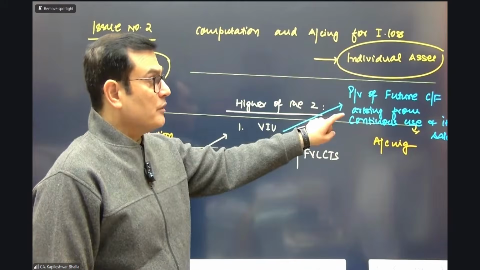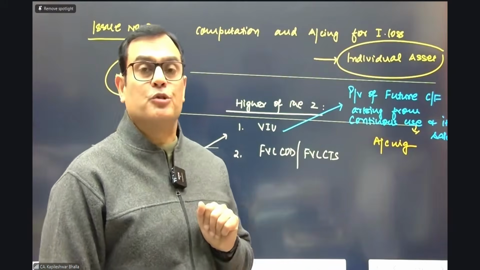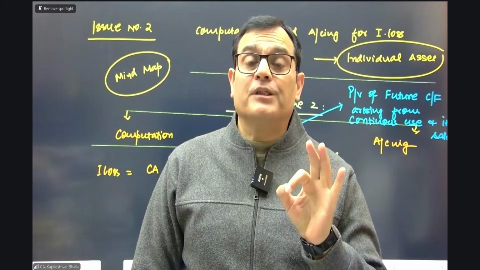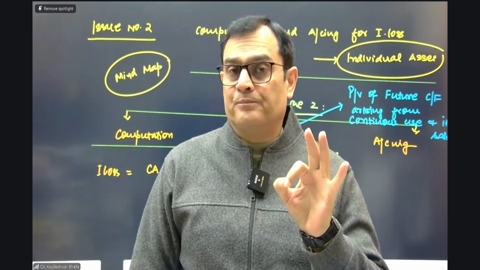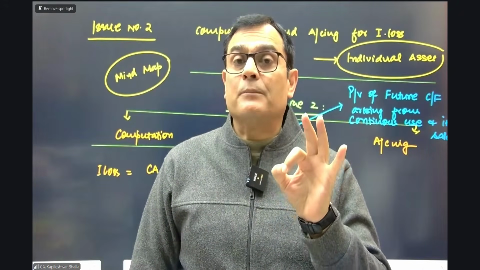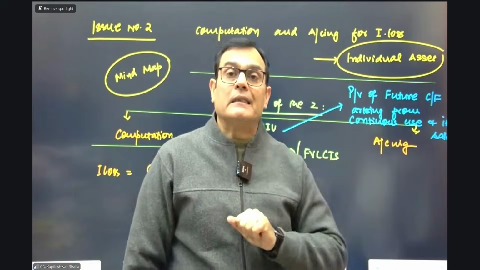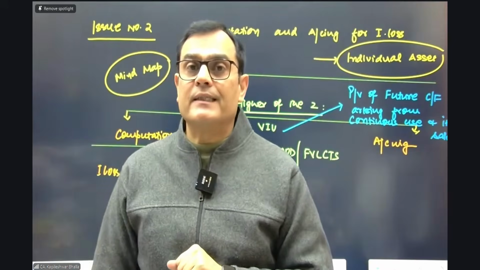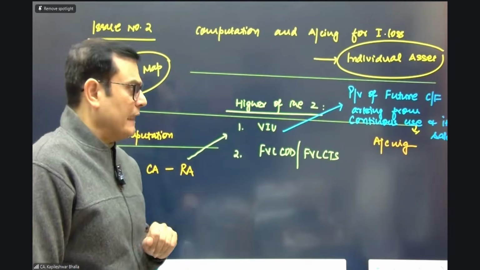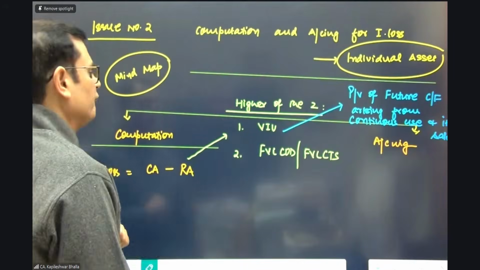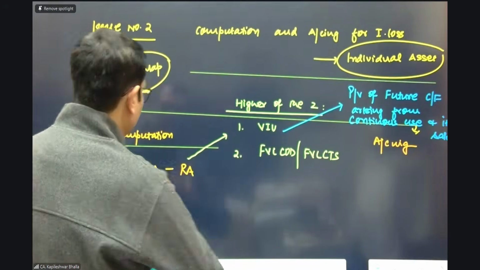One is the cash flows arising from the continuous use of the asset, and generally it is for a period of 5 years, the projected approved forecast of cash flows, and also from the ultimate terminal value, the sale of the asset. So you take the present value, and for this purpose, the discount rate is already given. And fair value less cost to sell doesn't need an explanation.